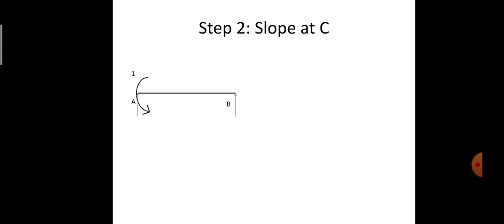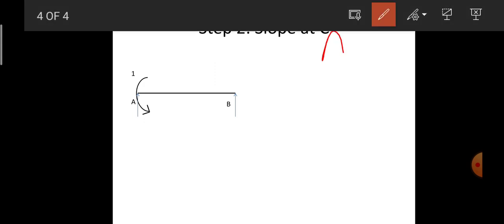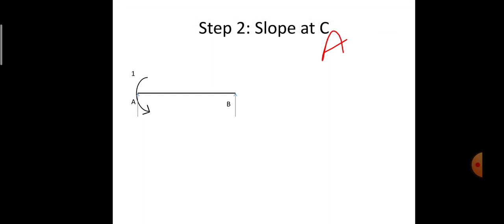So in order to calculate the slope at A, which is a support, I have considered the unit rotation, or the unit moment, exactly at the point where we are going to calculate the slope. As in the unit load method, we need to assume the moment exactly at the point where we calculate the slope. Here I am going to calculate the slope at A, so I need to assume the unit moment at A.